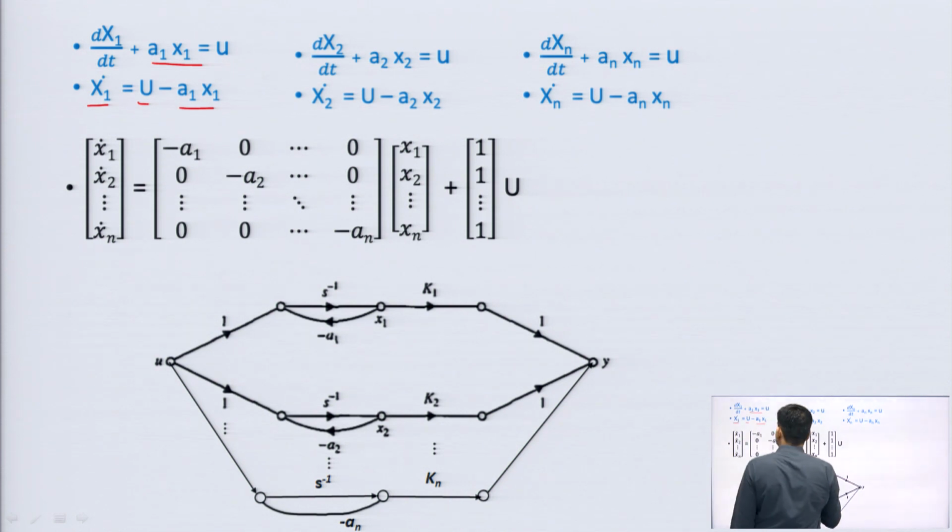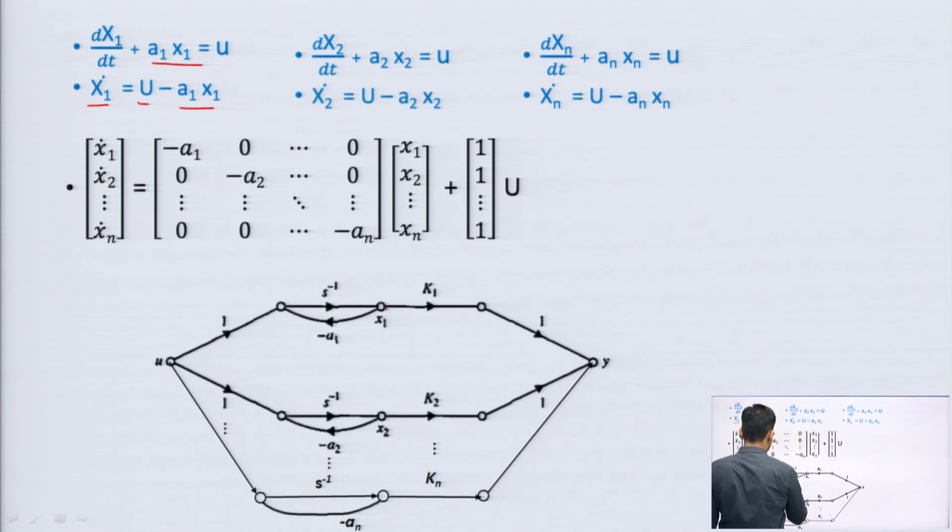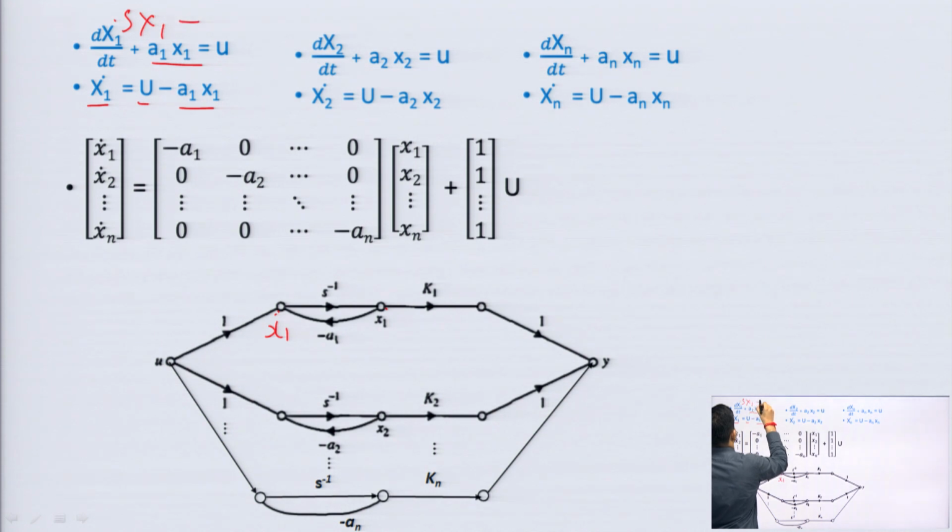So, what would be its diagram? This is my x1 and this is x1 dot. This x1 dot basically comes from d/dt of x1, which is s of x1 plus a1 of x1.